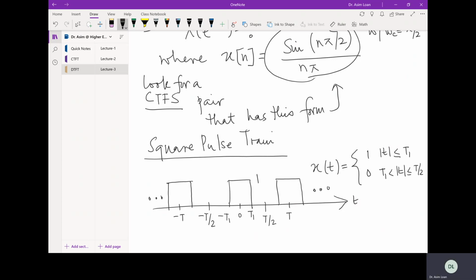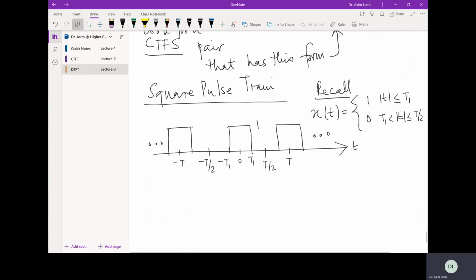Right? So recall this was x of t, and what was a_k?